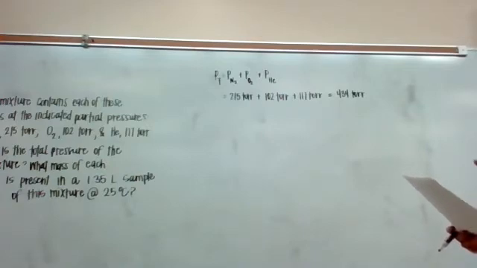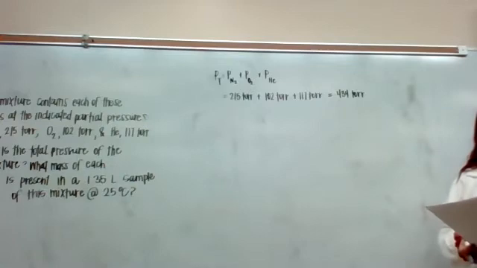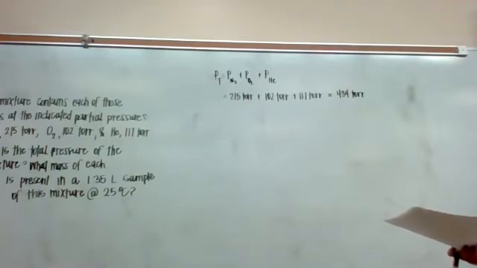All right, so there's several ways we could go about the rest. We could do the ideal gas law for each individual component. We could find the mole fraction of each, then convert that to grams.